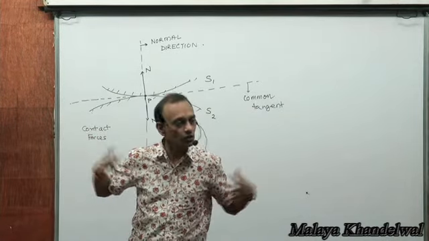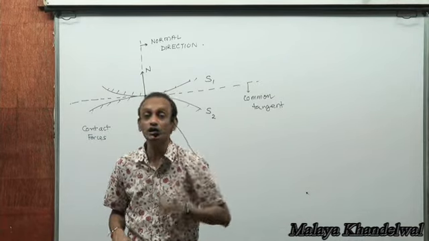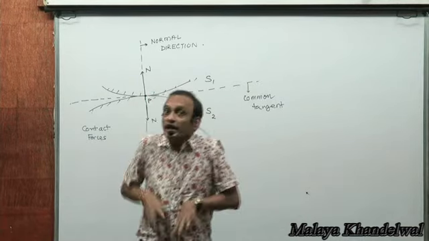Based on that, the normal force gets determined. It's not that the motion gets determined by the normal force; the normal force gets determined by the motion. And in principle, the origin of this normal force is electromagnetic. It's a molecular interaction between the two surfaces that results in a normal force.